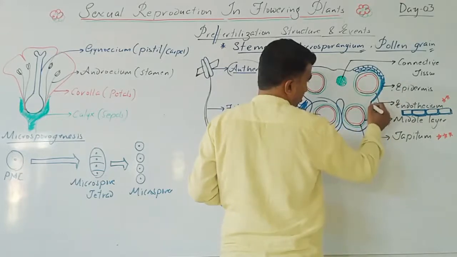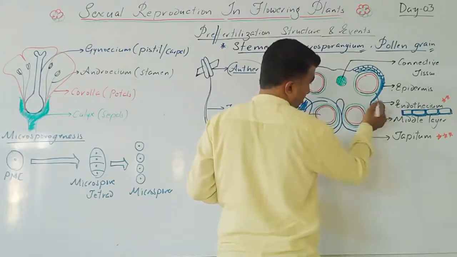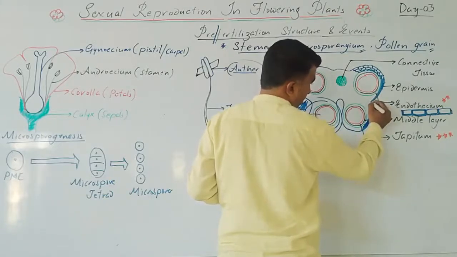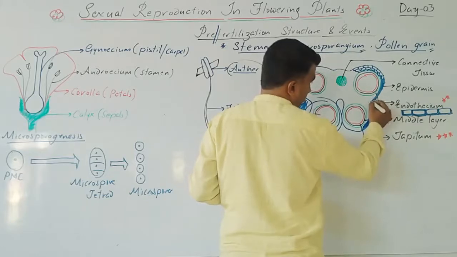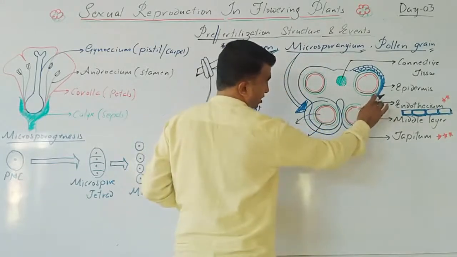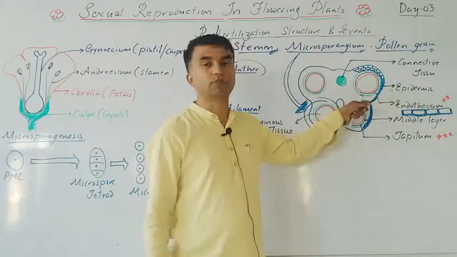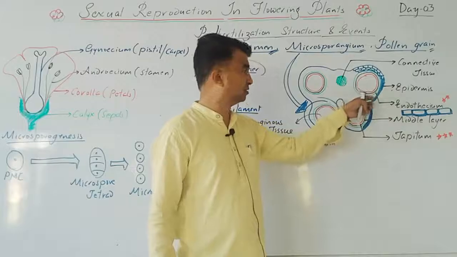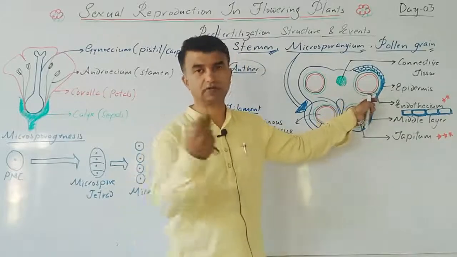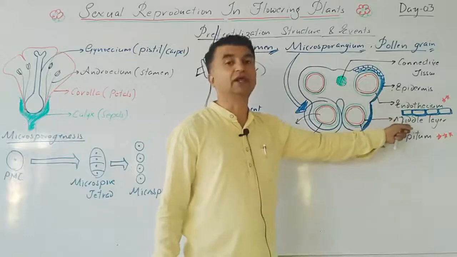This is also epidermis and endothecium. At this point the epidermis and endothecium is the thinnest one, a very thin point, so here deposition is very minimum. Next one is the middle layer.